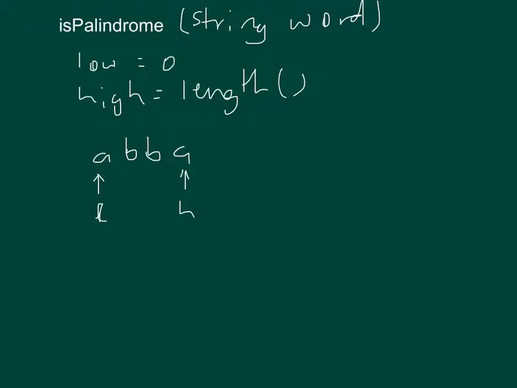If they're the same, we want to move on, and by moving on there we mean we want to increment low, which means low will now be pointing to the second character, and we want to decrement high, and we want to do another comparison there to see if they're the same. And basically we want to keep doing that.